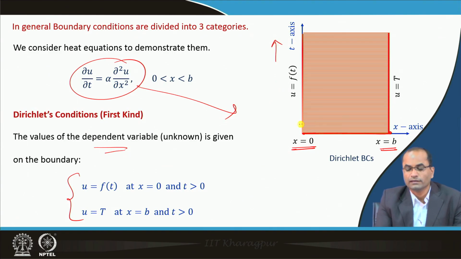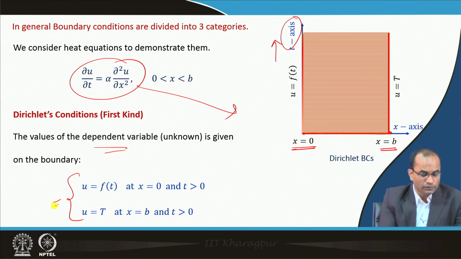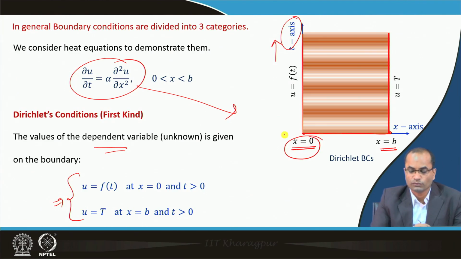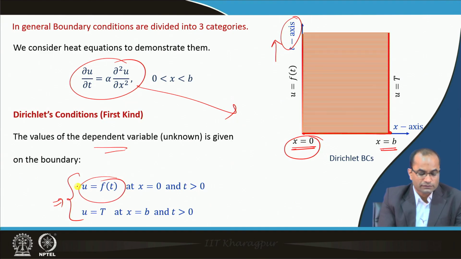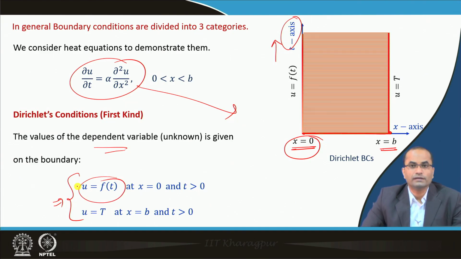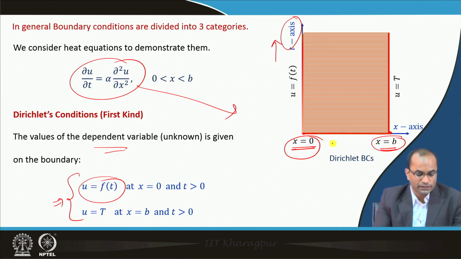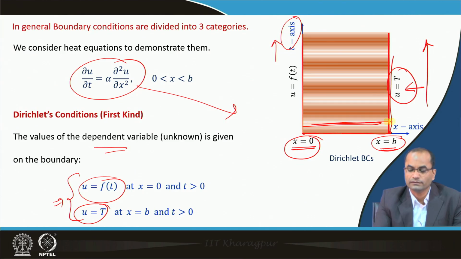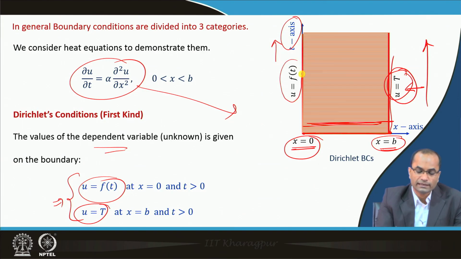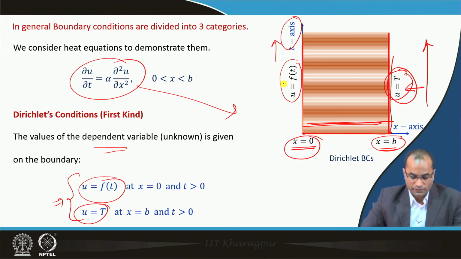So, with respect to time, the distribution of this temperature will change, and according to the boundary conditions, at x equal to 0 u is given as a function of time, and at x equal to b u is prescribed as a constant value. So, at this end of the bar u is always fixed throughout the time, and at the other end u is given as a function of time.